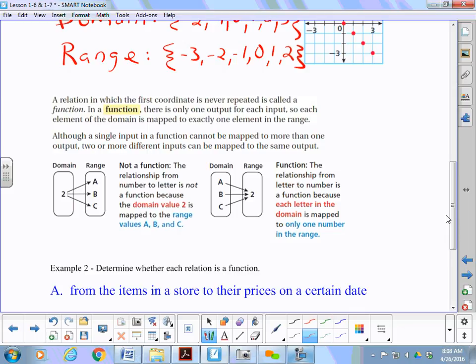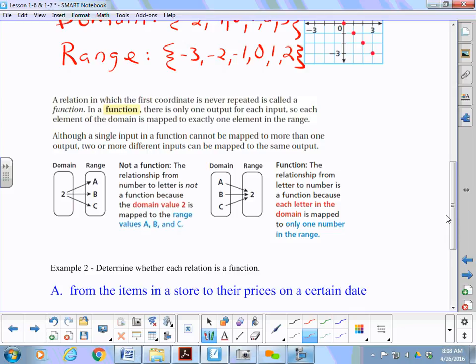The one here on the right, that has them switched, does represent a function because each input has its own output.